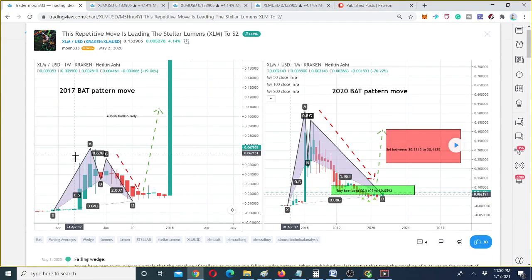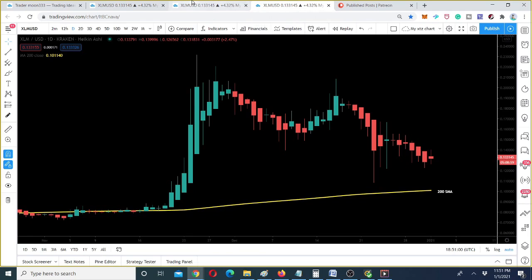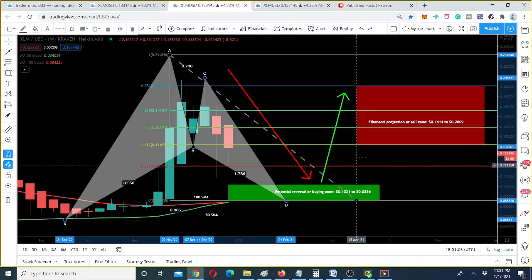Back in 2017, the price action formed a bat pattern on the weekly chart and produced more than 4,000% rally. But realistically, we can expect that Stellar can move from this potential reversal zone to between 14.14 and 20 cents. This is a realistic move. However, it can move even beyond that.